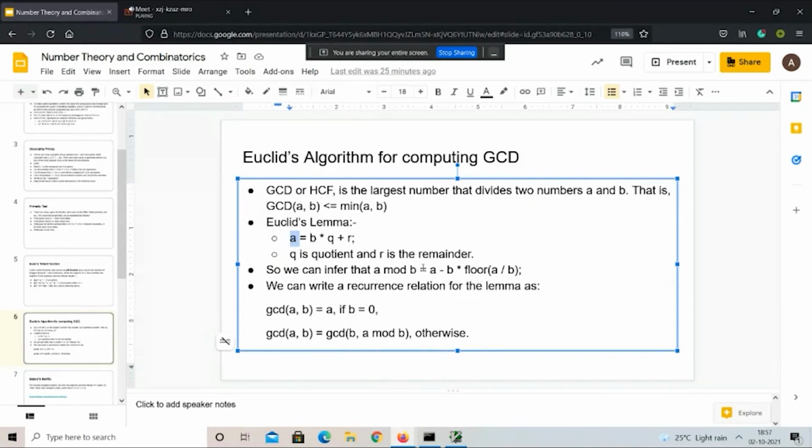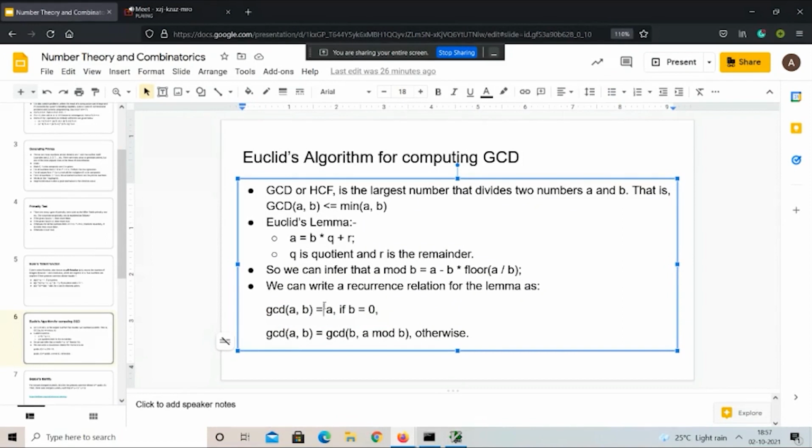So A mod B, the remainder, will be A minus B into floor of A by B. Floor means the floor function, like 5 by 3 gives you 1.667. Floor of A by B means 5 by 3 will give you 1, because you remove the 0.667 part. We can make a recurrence relation.